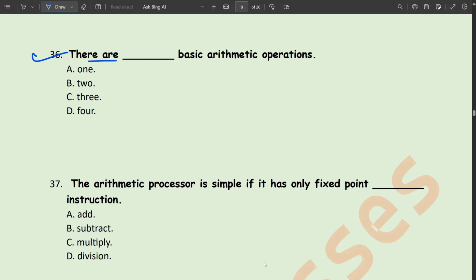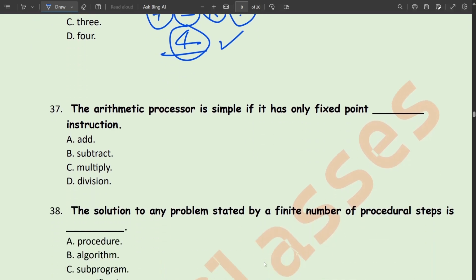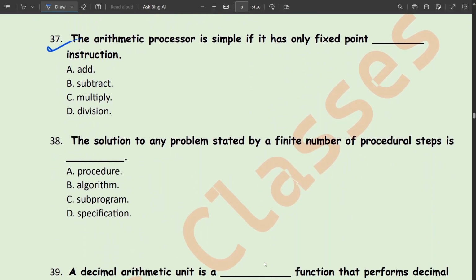Next, there are basic arithmetic operations. How many operations? Addition, subtraction, multiplication and division. So there are 4 types of basic arithmetic operations. Next, the arithmetic processor is simple if it has only fixed point instruction.